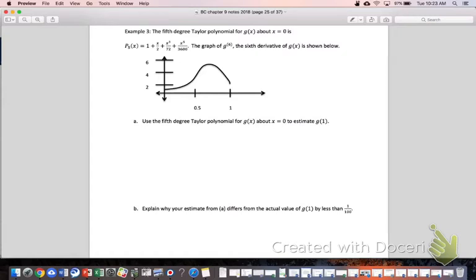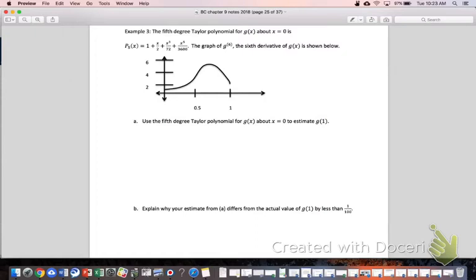It does give us a graph. It says the graph of g, and then what does that mean with the parentheses 6 thing? So we got a graph of the 6th derivative. They don't really tell us anything about g, but they do tell us a little bit about the 6th derivative of g. Might be important. And then they ask us 2 questions.